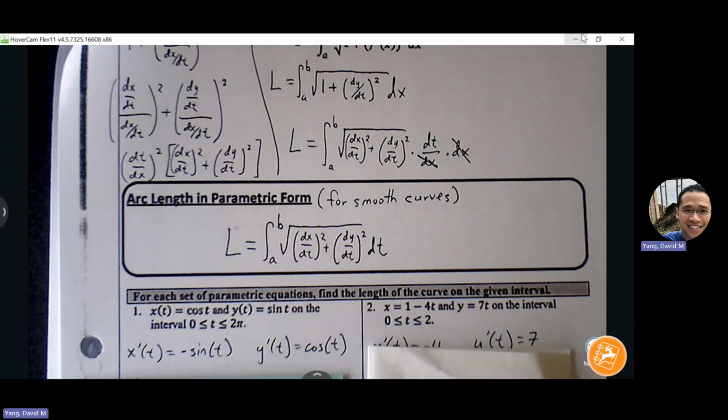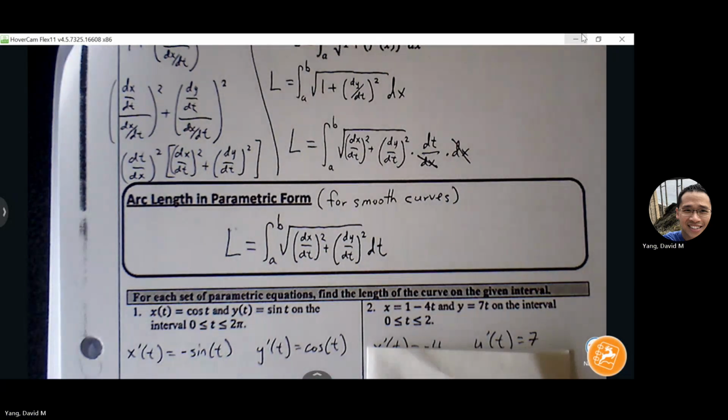Your A and B will be in terms of time. So we find x prime and y prime, which basically represent dx/dt and dy/dt. So now we have everything that we need. We put it into our arc length formula.